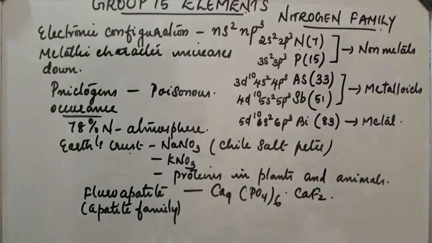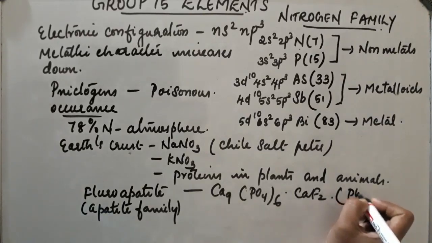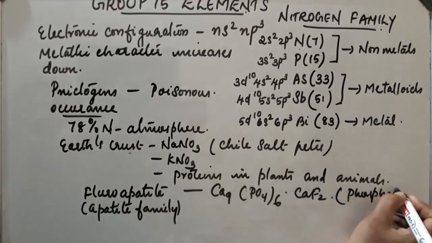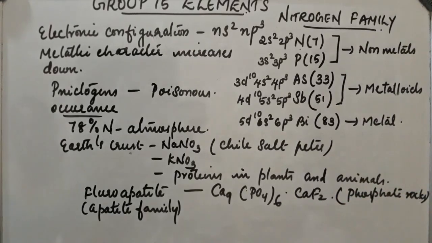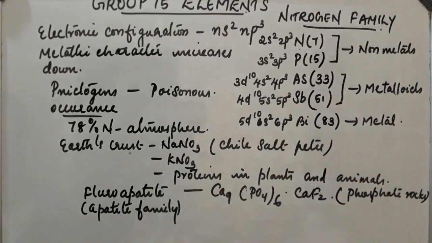So, phosphorus is present in this form. This is seen in phosphate rocks. Then also seen in animal and plant matter, and bones in living cells.